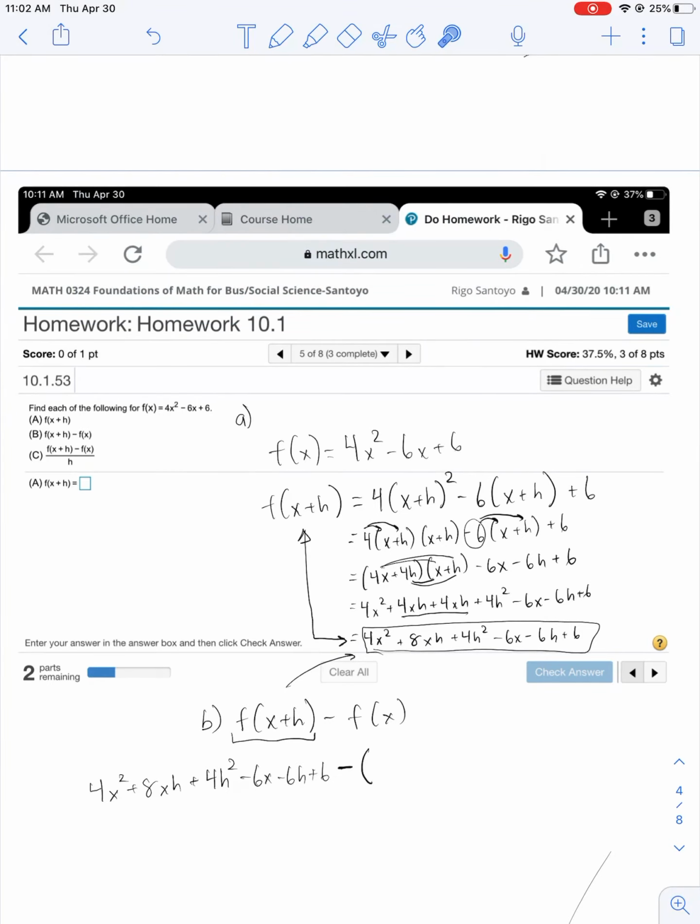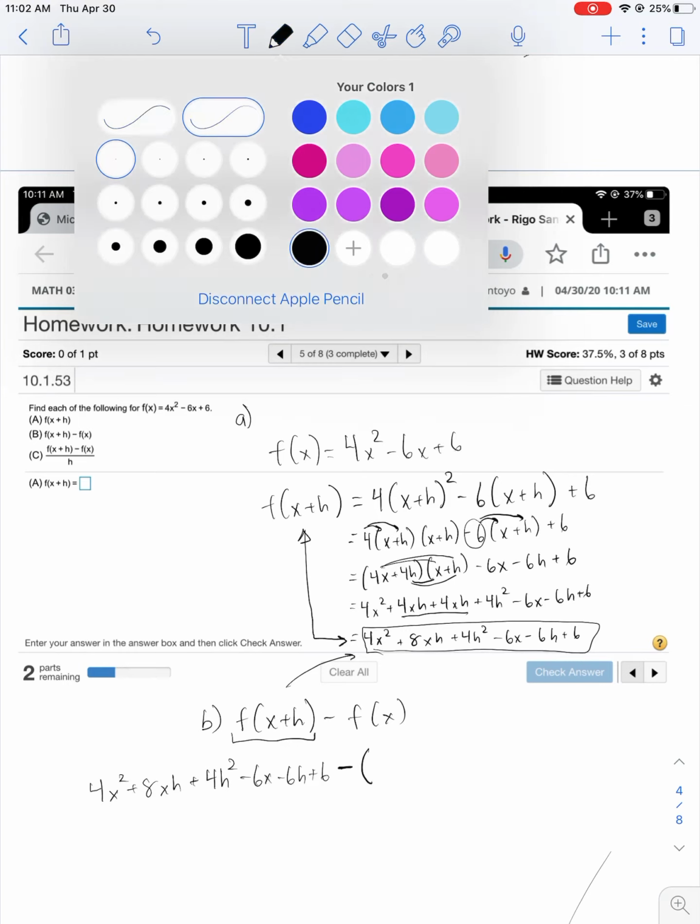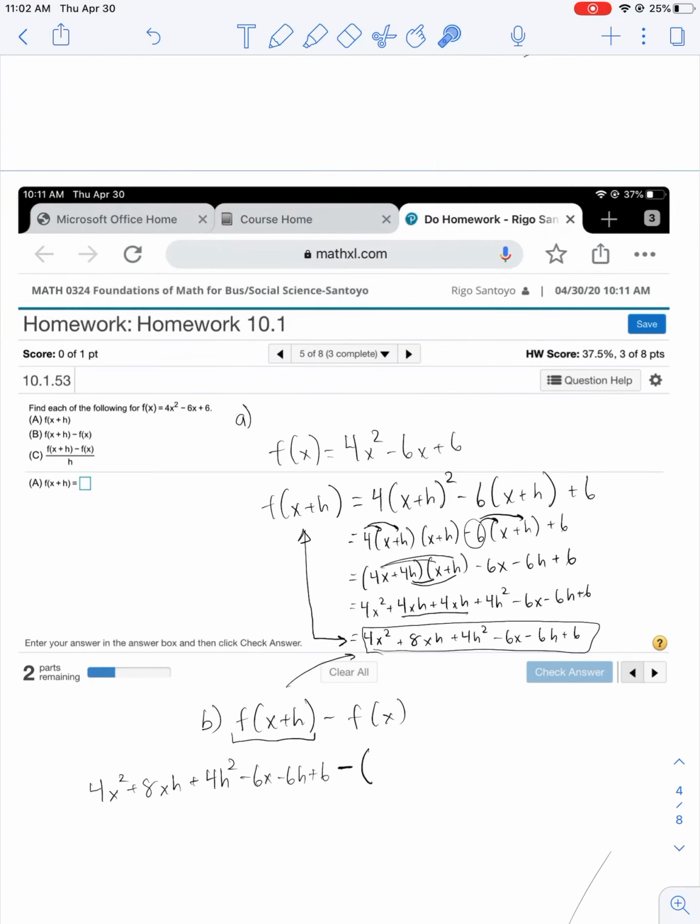your f of x is just the original problem. So now we're going to put that in. Minus 4x squared minus 6x plus 6. Okay.